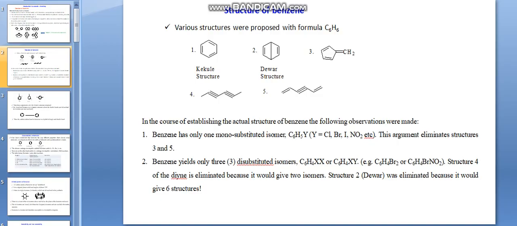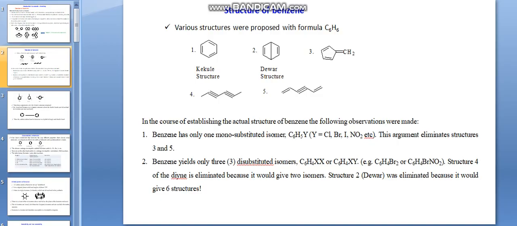That is, if any other element comes in and attaches to the benzene, it gives us one isomer. These substituents can be chlorine, bromine, iodine or nitro groups, which gives the argument that eliminates some structures indicated on the whiteboard: structures 3 and 5 were eliminated.